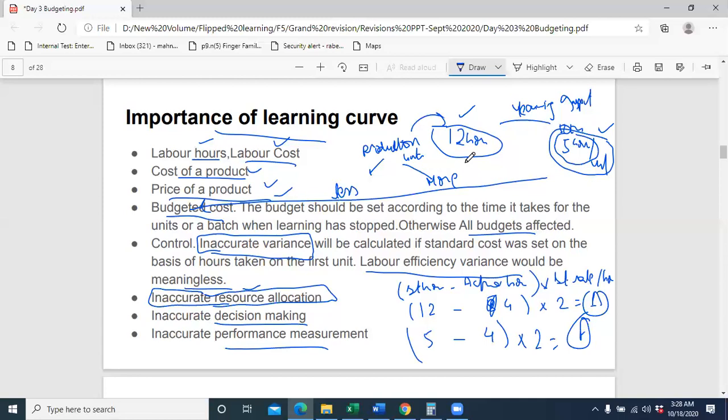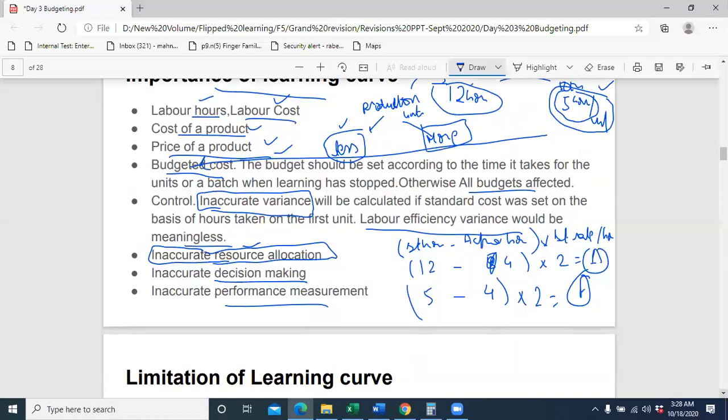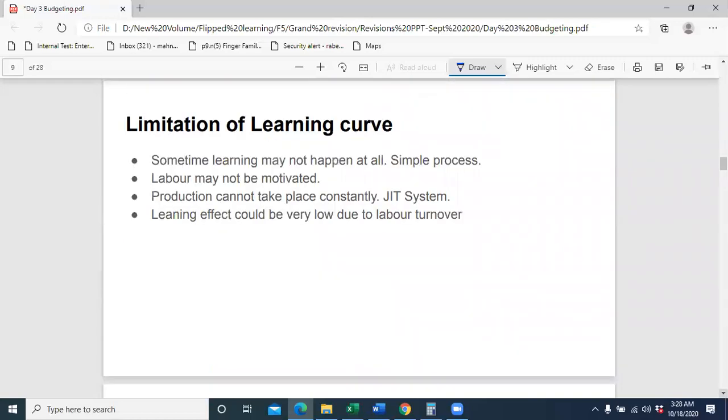I may think that I'm not able to achieve my sales demand or my production capacity because I'm not able to produce more. I'm thinking that I have limited labor hours, but actually that's not the case. So this has implications everywhere.